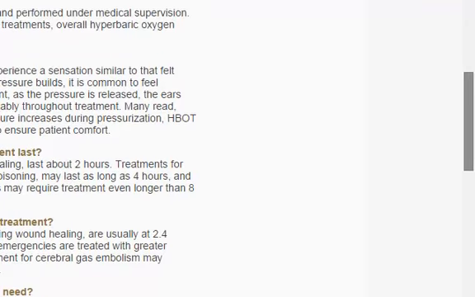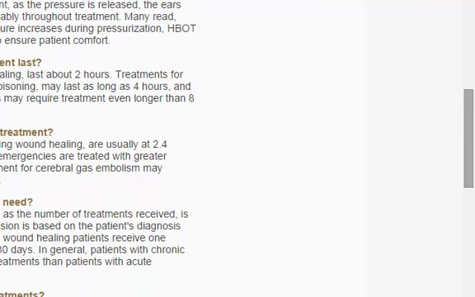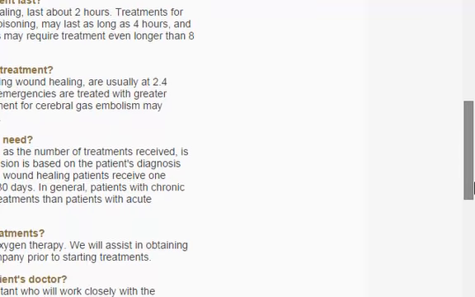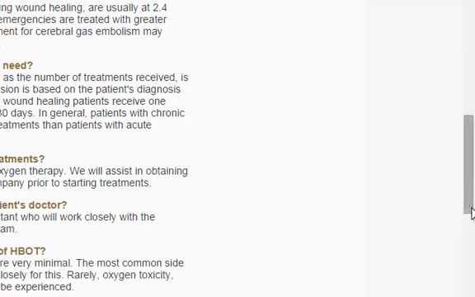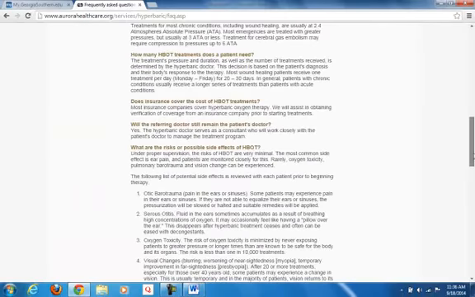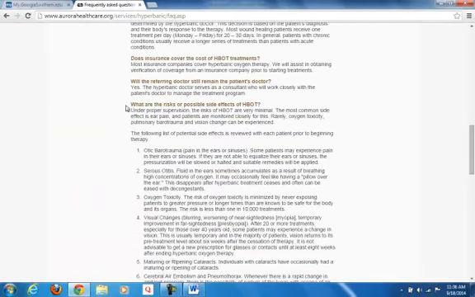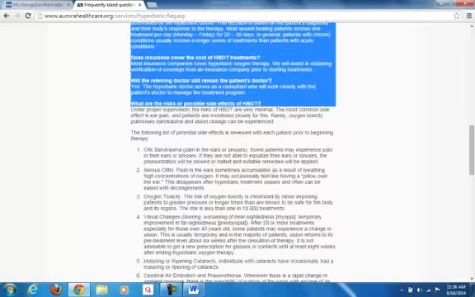It doesn't really get into many of the technical information of why it works, but oh, here we go. Here are the risks and possible side effects of the hyperbaric chamber treatment.